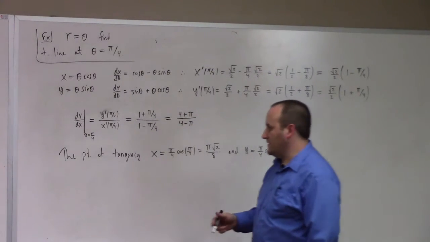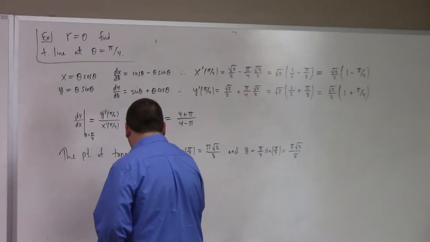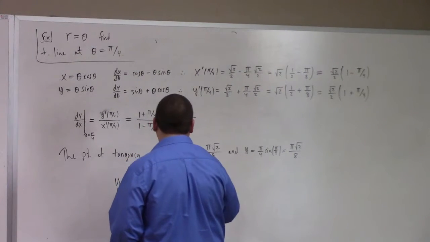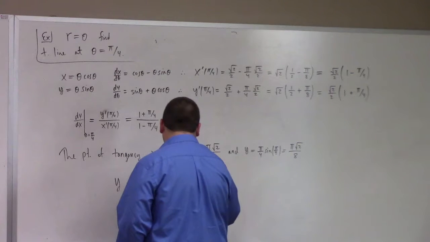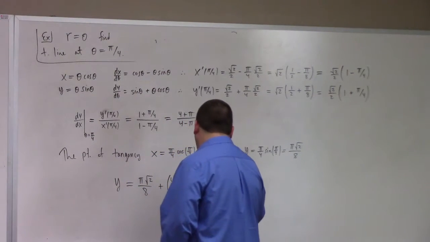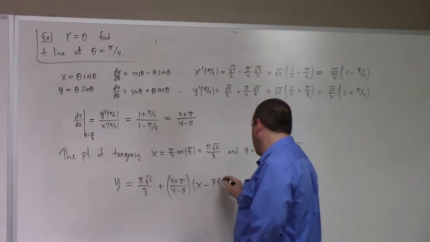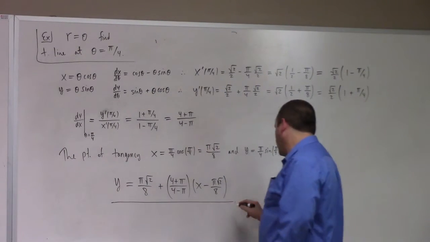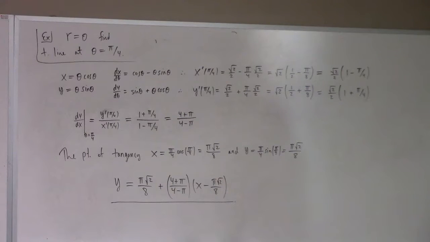So the equation for the tangent line is y is equal to pi square root of 2 over 8 plus the slope, my slope was 4 plus pi over 4 minus pi, times x minus pi root 2 over 8. So there's another of the same kind of example, but I think with an easier polar curve than the one we were given, right?